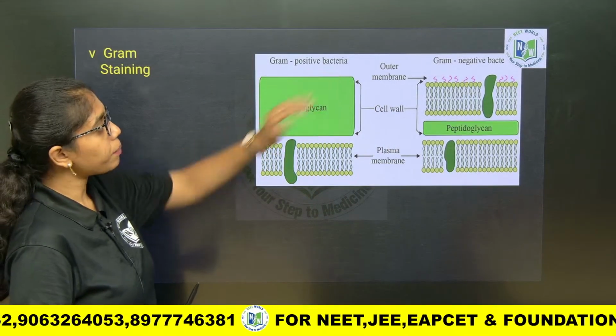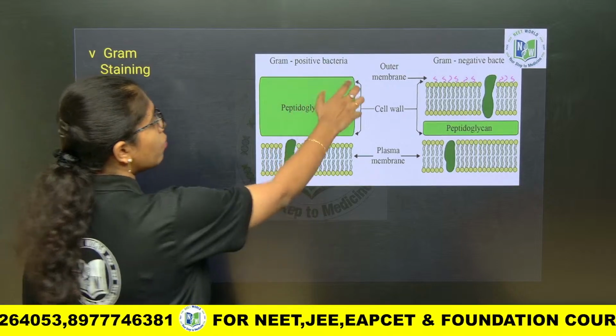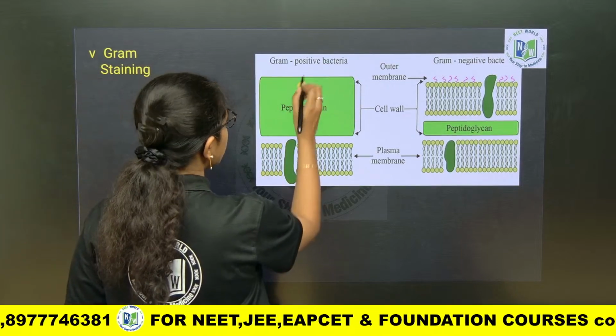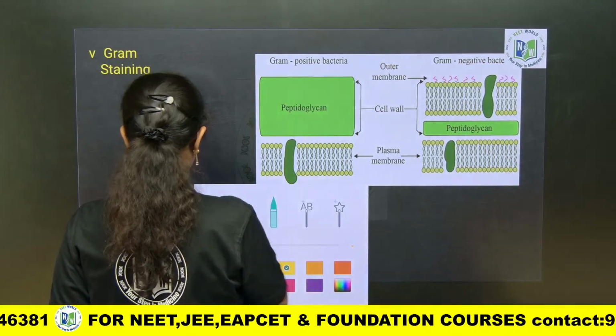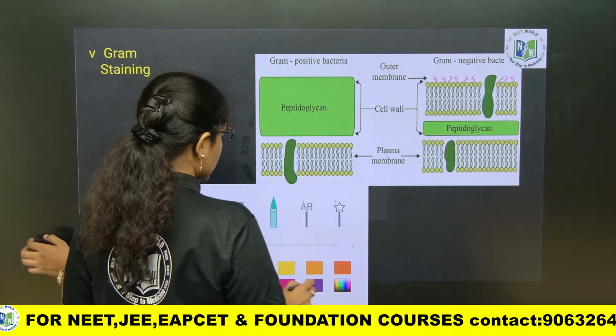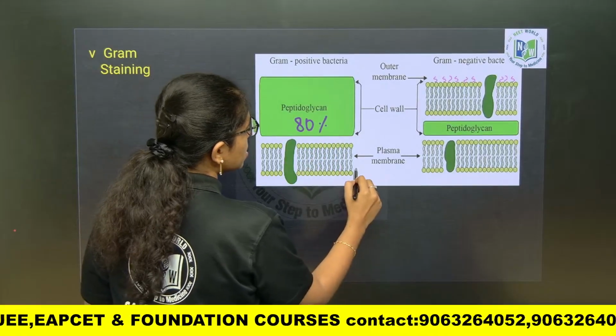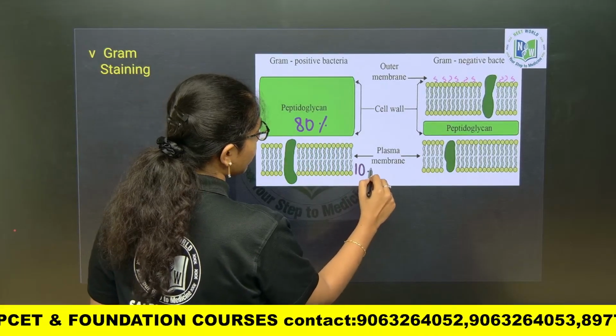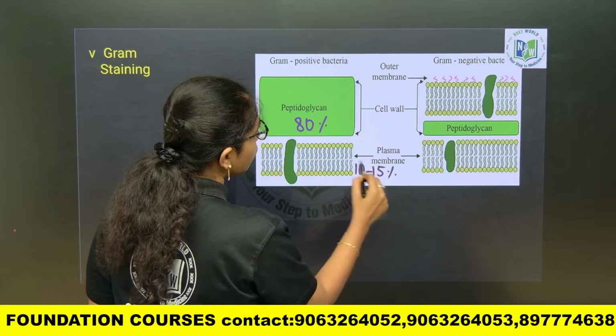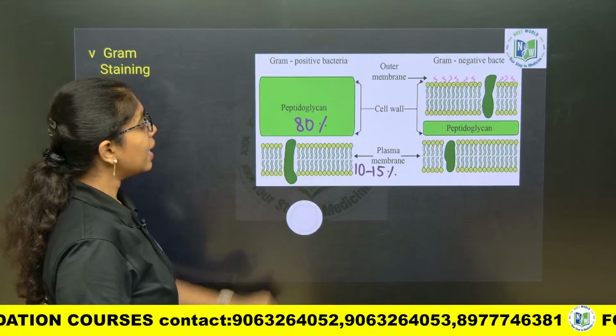If you see gram positive bacteria, the cell wall is 80% composed of what? Peptidoglycan only. Just 10 to 15%, to be frank, is composed of what? Lipid layer.